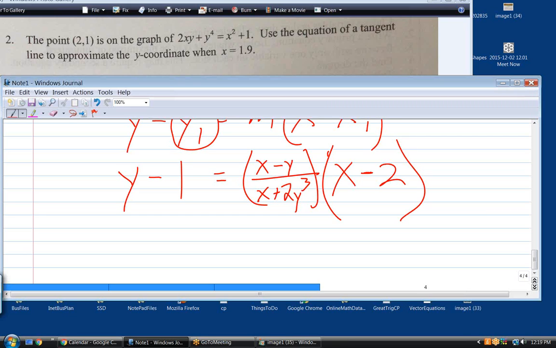Is this the linearization method? Yes, it is. Notice that x being 1.9 is very close to x being 2. In other words, I know that when I substitute x of 2, y is 1. So what's y going to be when I substitute something close to 2?